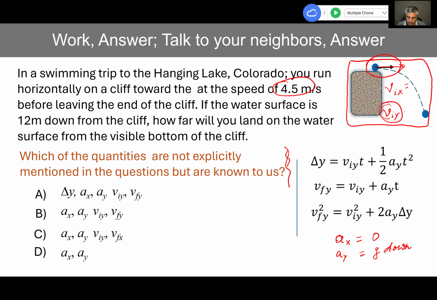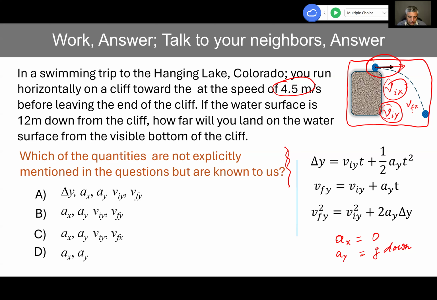And Vfx, it remains the same all the time, right? Final velocity along the x direction remains the same all the time. So we may also know that after we read the question. If Vix is given, we also know Vfx.